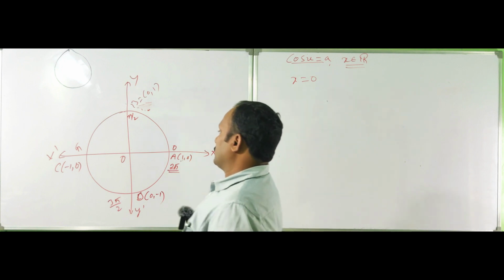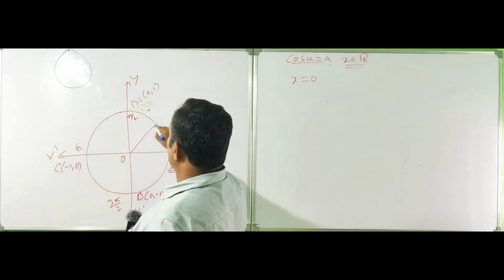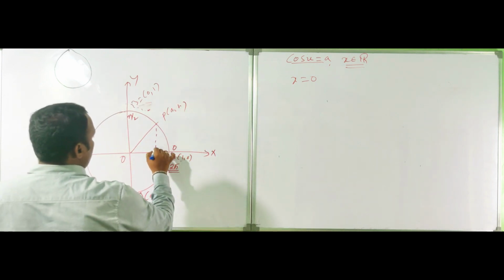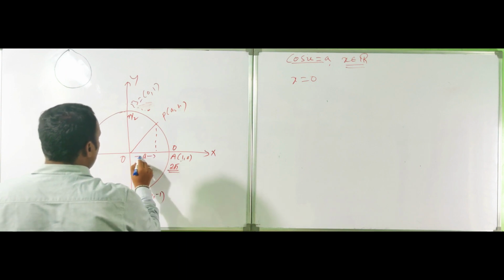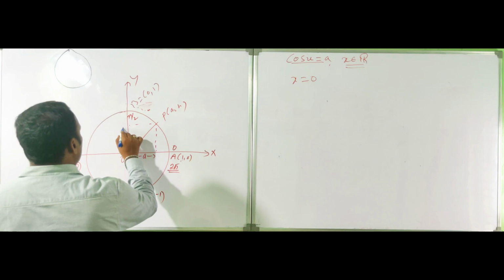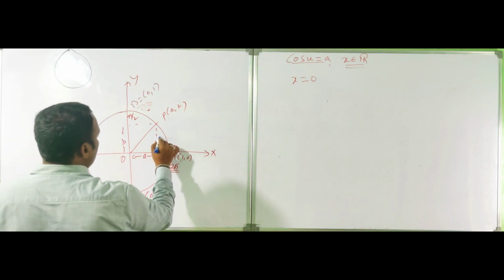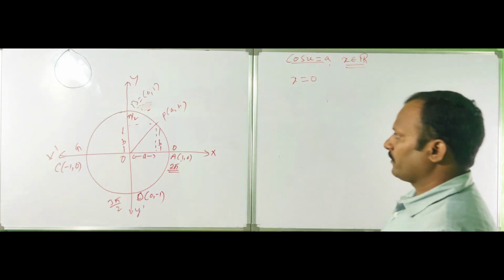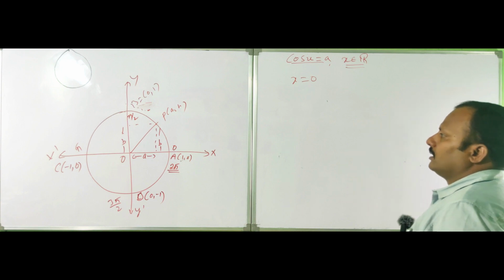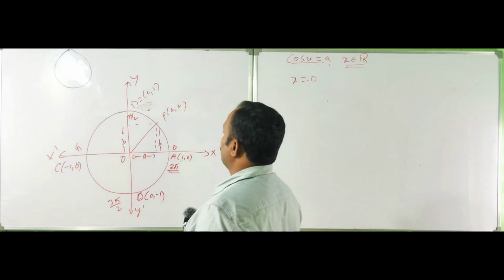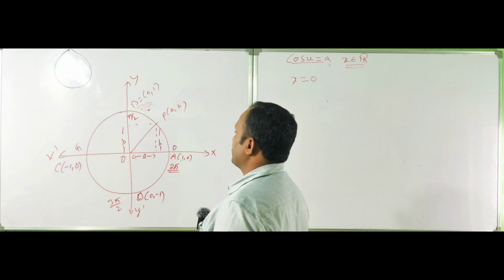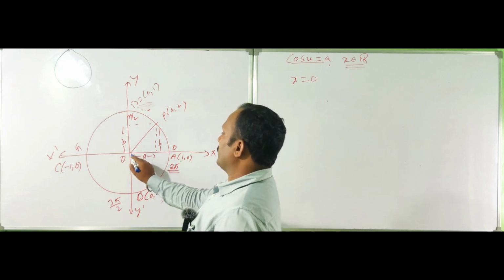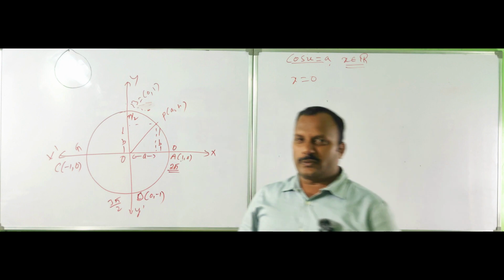At x equal to 0, this is the point P, with points A and B. So what is the value of a at x equal to 0? It's quite difficult to imagine here.